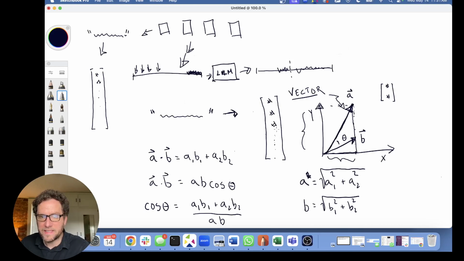Now, in the case of these embeddings, I'd have plus and so on. On the top, I'd have a lot more terms. If it was one of the 1,500 or so dimensional vectors, I would have 1,500 terms along here. And with this measurement, the closer they are together, so when the angle goes to 0, meaning they're right on top of each other, the cosine of that angle goes to 1.